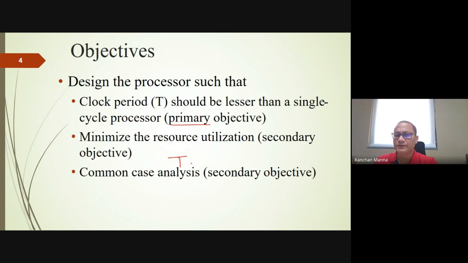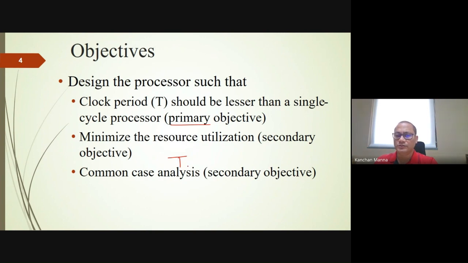And if we remember, the LW source and destination pair was the longest, and that dominates the clock period. Because of that, every instruction in the single cycle processor takes the same amount of time.